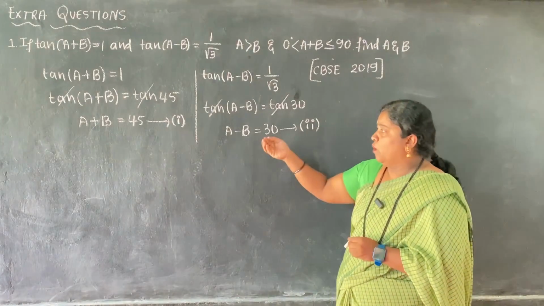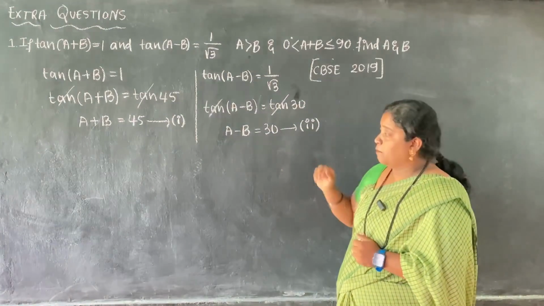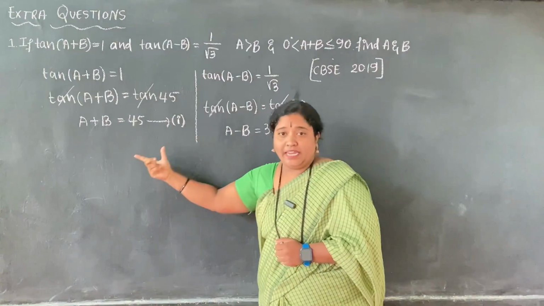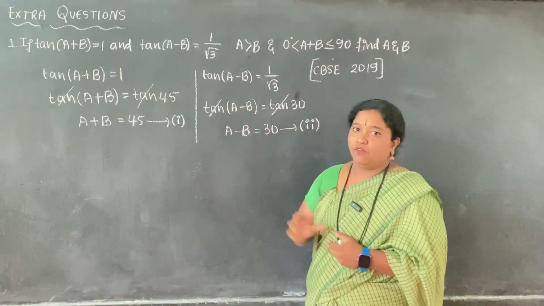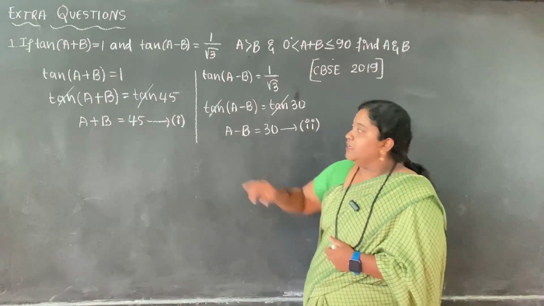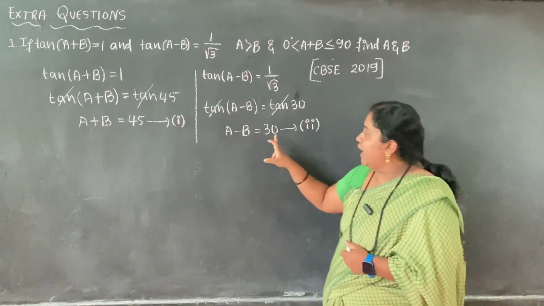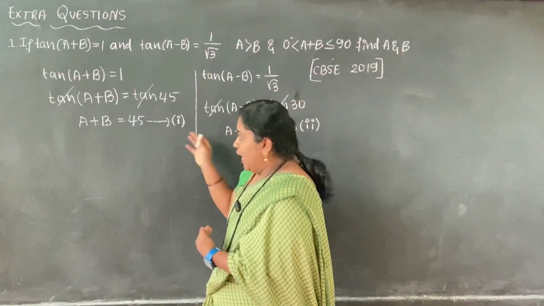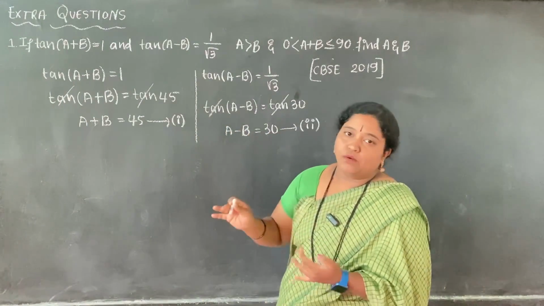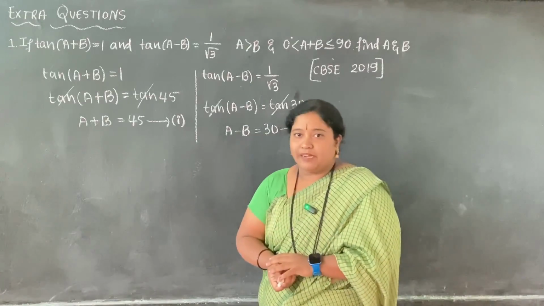And you know, once equations are provided and we have two variables, we can eliminate one variable to find the value of the other variable, isn't it? See, we have equation 1 and we have equation 2. To calculate any one value, either I have to add the equations or I have to subtract the equations.